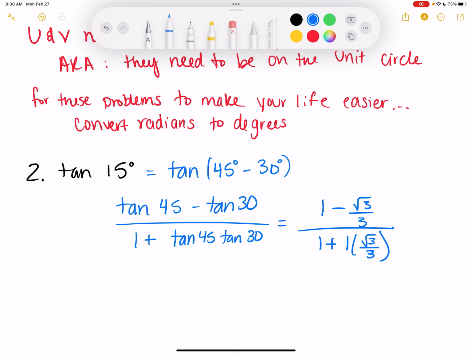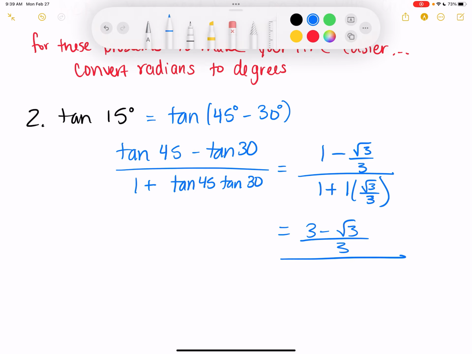So I need a common denominator. I'm multiplying the 1 by 3 over 3, so it's going to be 3 minus root 3 over 3, all over 3 plus root 3 over 3.